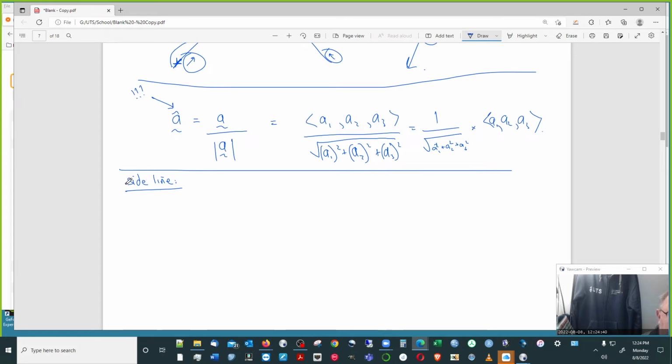We can just call it a note. If the form of a distance between points or a vector, okay, so if we've got, let's just do one.